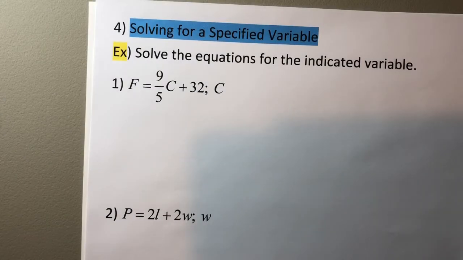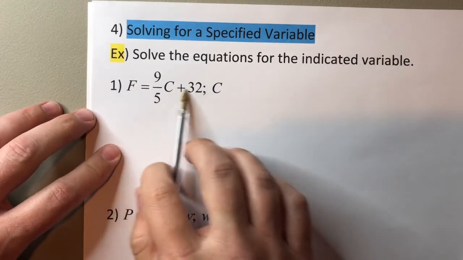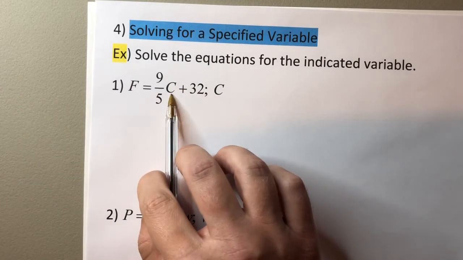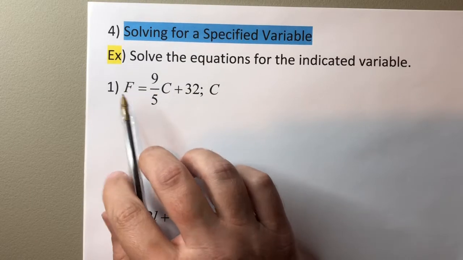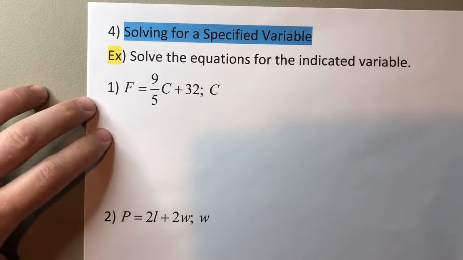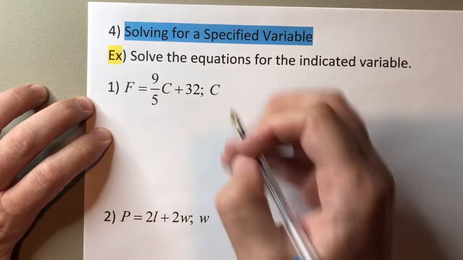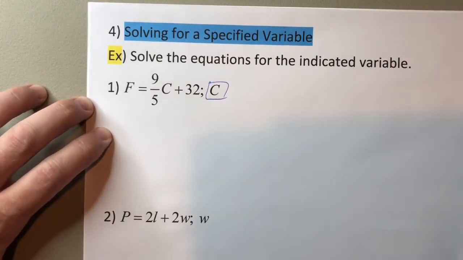All right, the last thing we have to look at here in section 1.6 is solving for a specified variable. So this is just the formula for converting from degrees Celsius to degrees Fahrenheit, in case you remember that from maybe your chemistry class. What we're asked to do here is solve this equation for C. We want to have C equal to something.